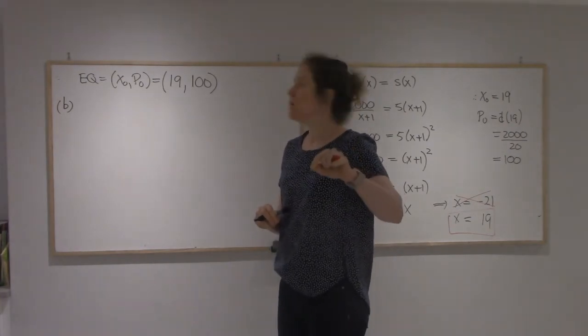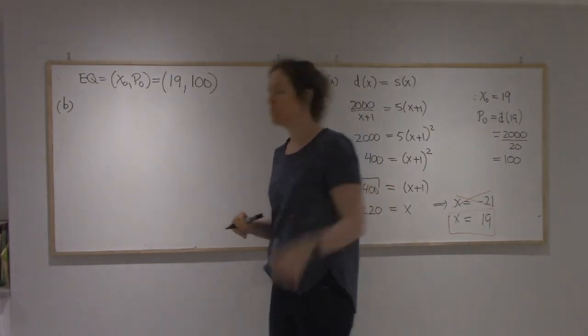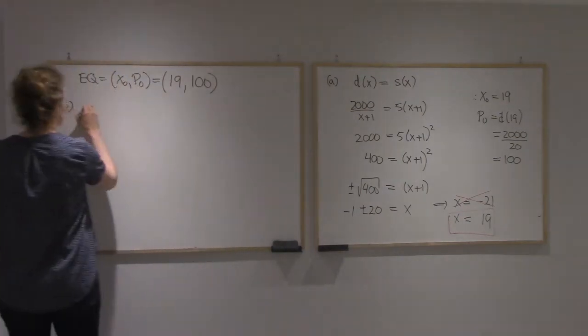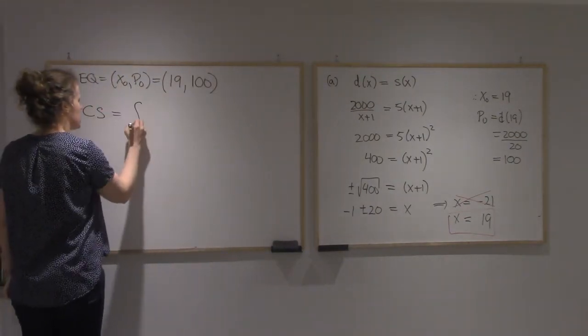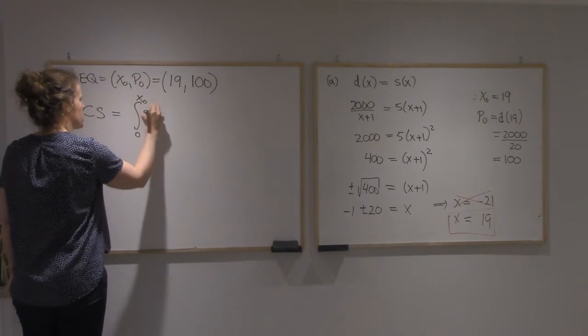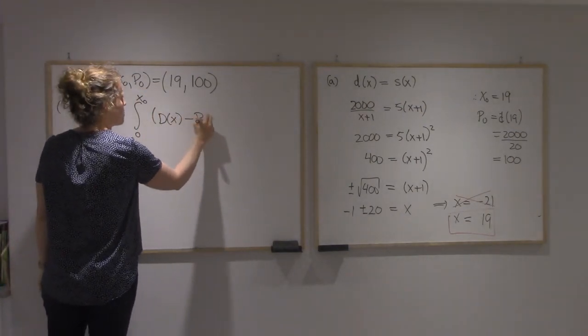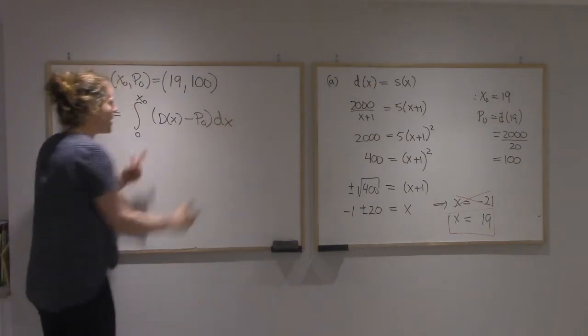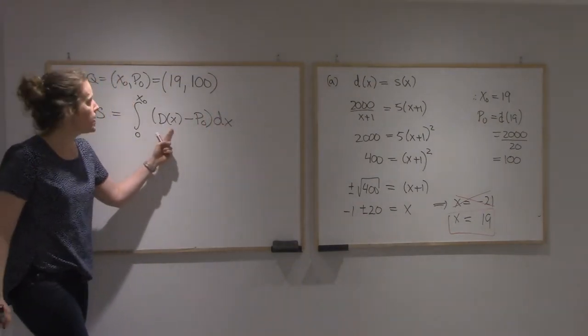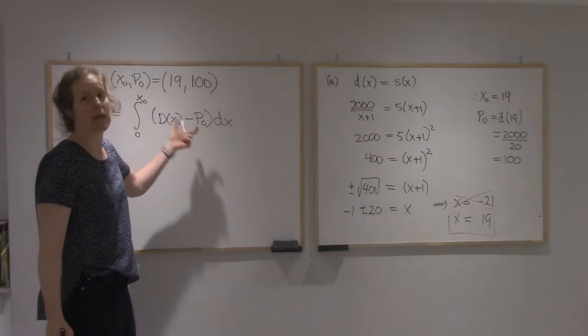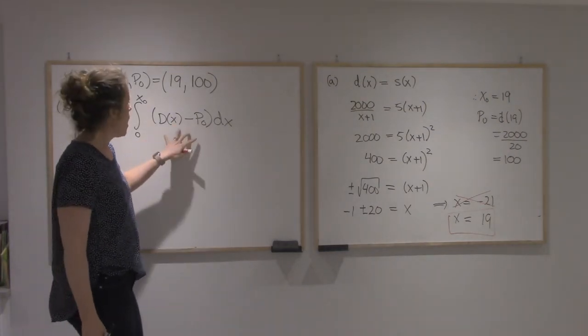In B, we want to find the consumer surplus. Alright, so how much consumers are willing to pay minus how much they actually paid. That's how much each of them saves.